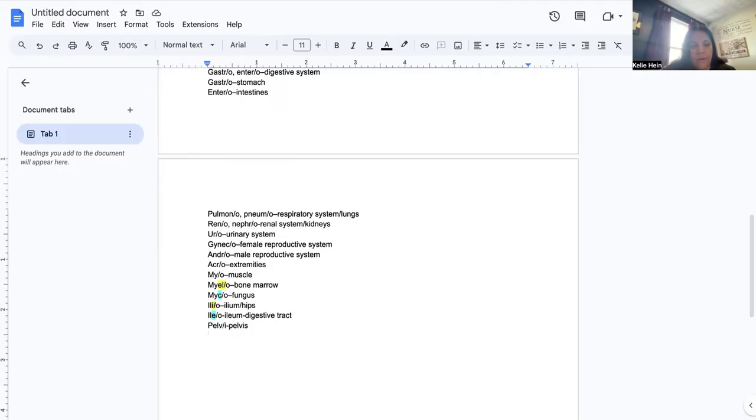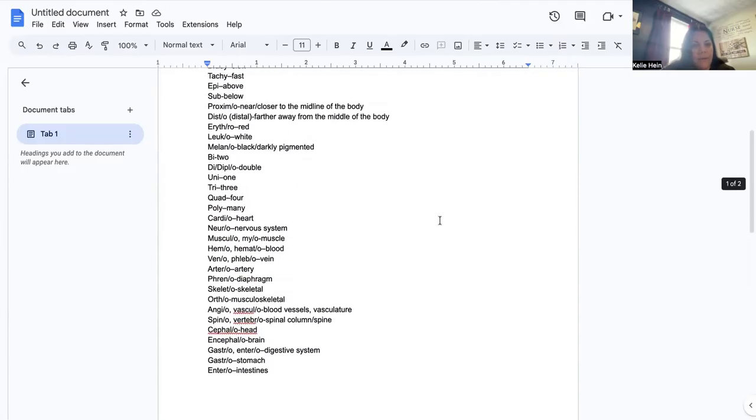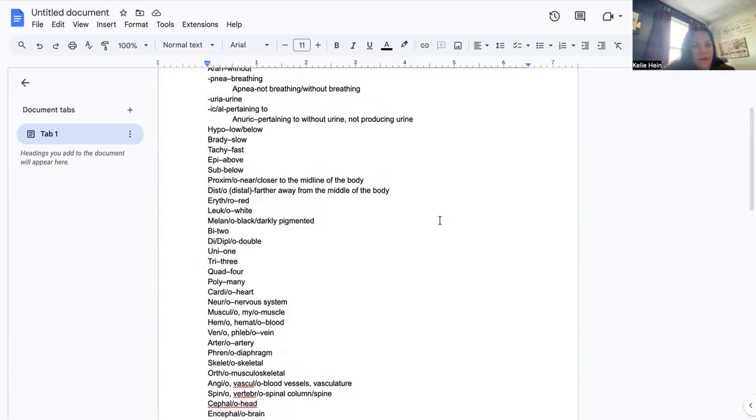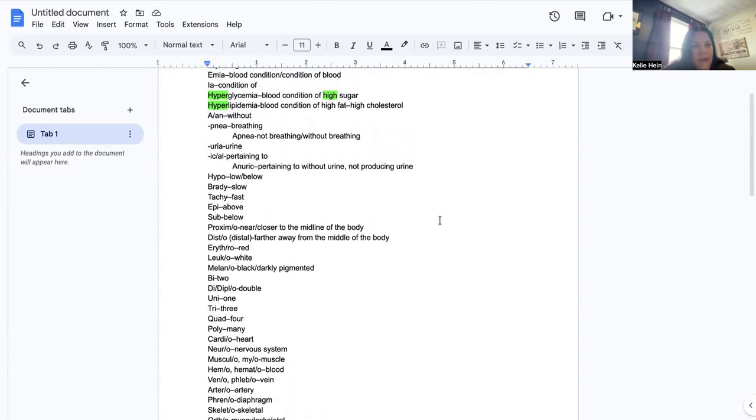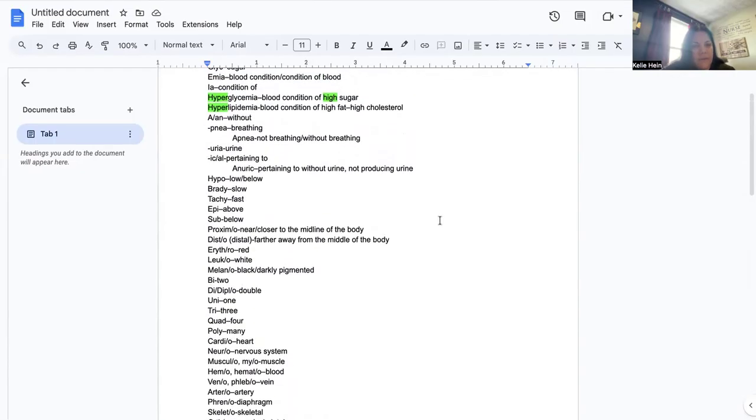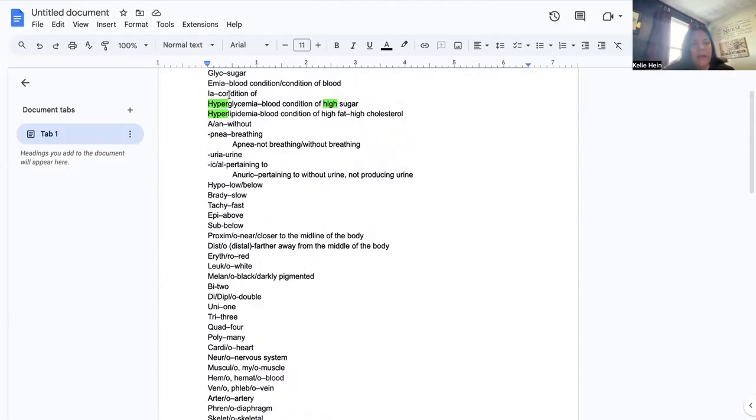So, did I put IA up here when we talked about condition of? That way, if you go back, I want you to be able to see it. Yeah, we did. IA, condition of. We can also add osis on here. IA, osis, condition of. Okay.